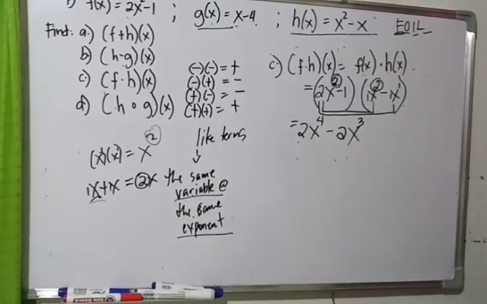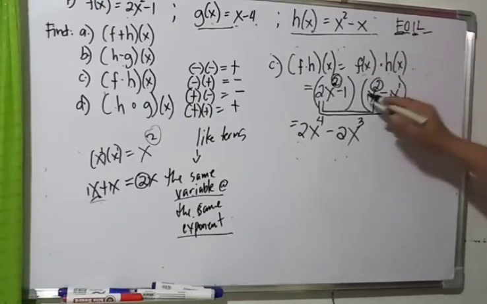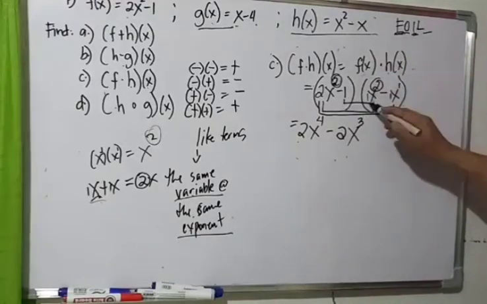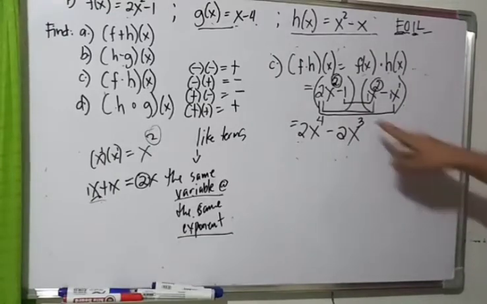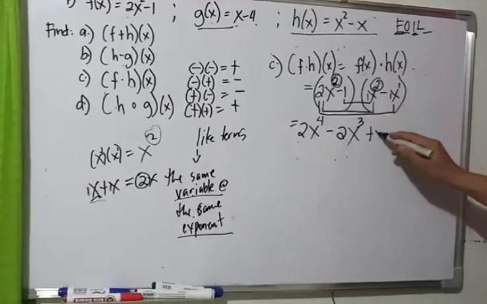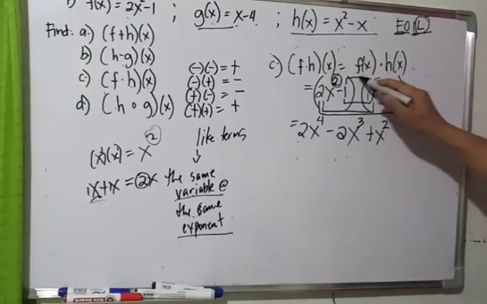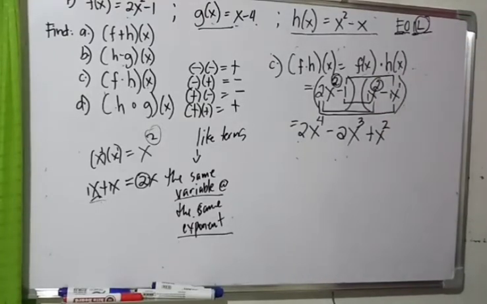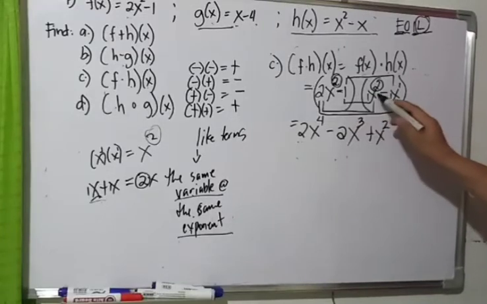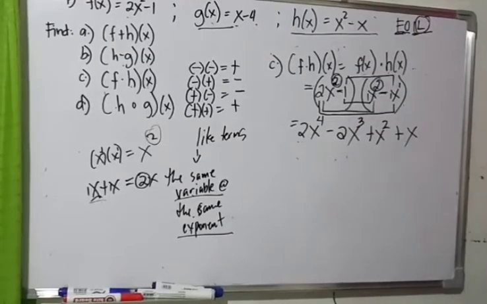Next, ito, inner. So negative 1 times x squared. Then last, so that is negative 1 times x, or negative x, negative times negative, that is positive x.